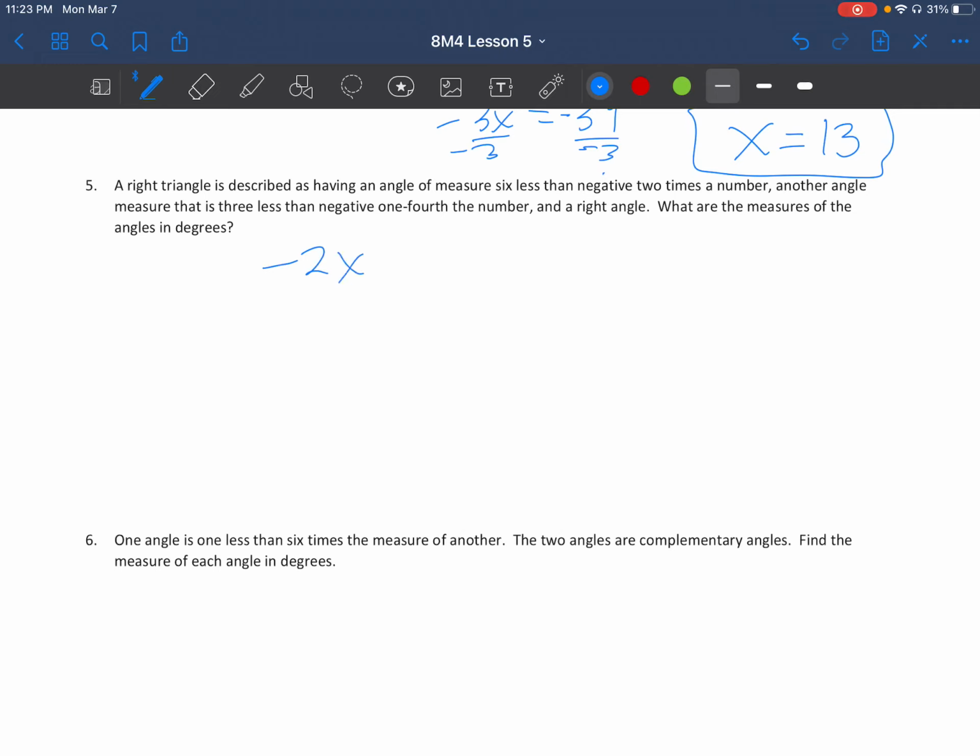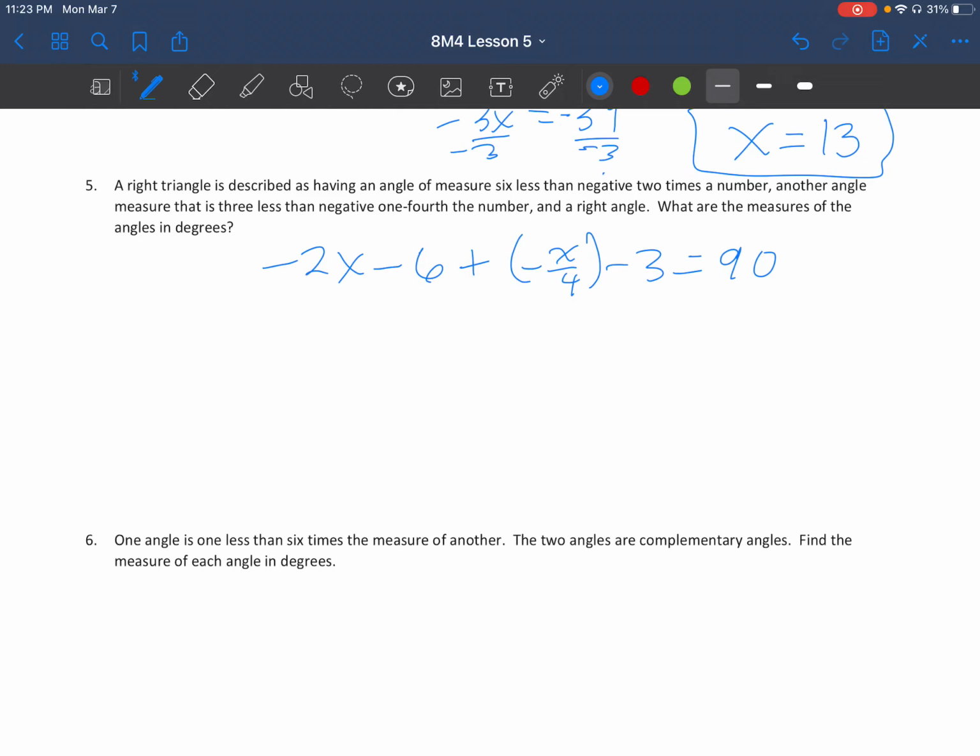What are the measures of the angles? All right, so we've got negative 2x minus 6, okay? Then we're adding to that negative x over 4 minus 3 is equal to 90 degrees.